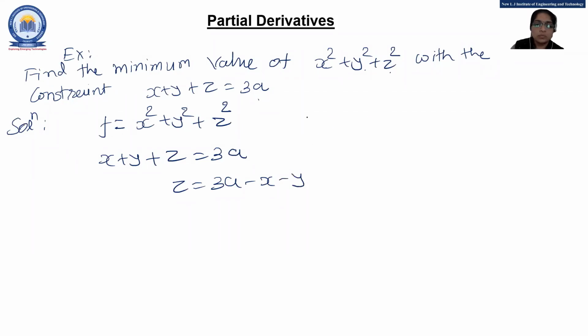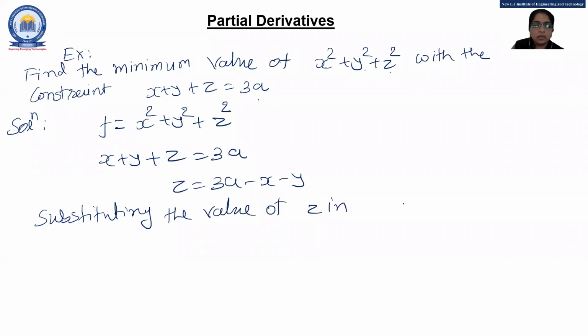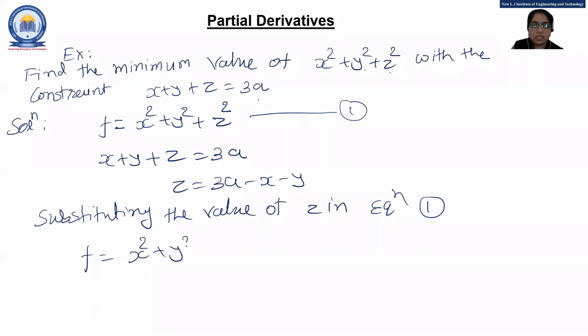Now, substituting the value of z in equation 1, this f is our equation 1. So here f is now x square plus y square plus the whole square of 3a minus x minus y, right?